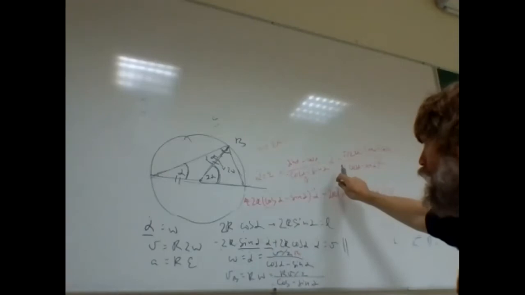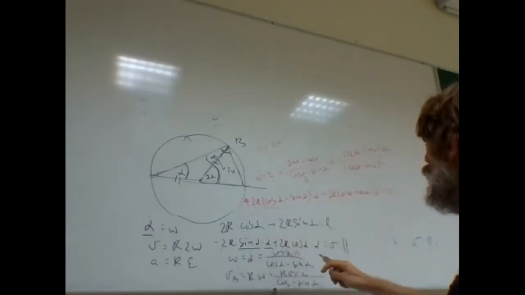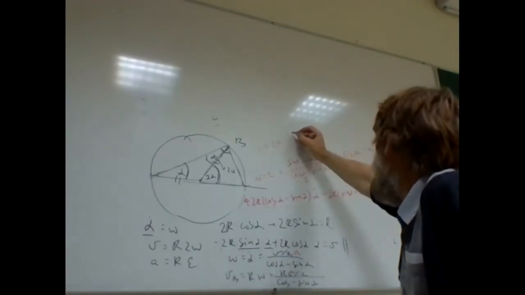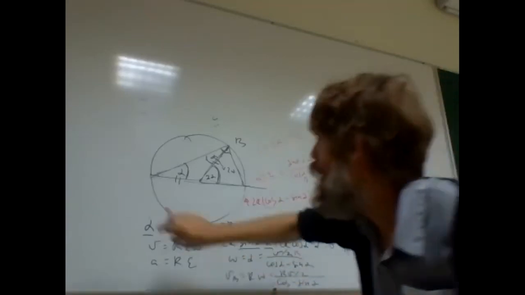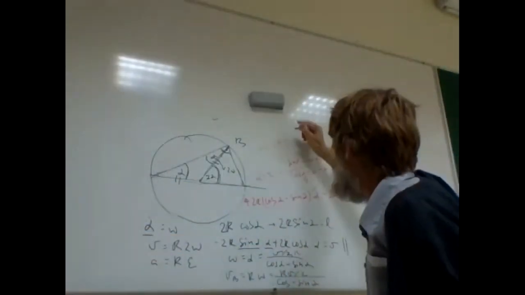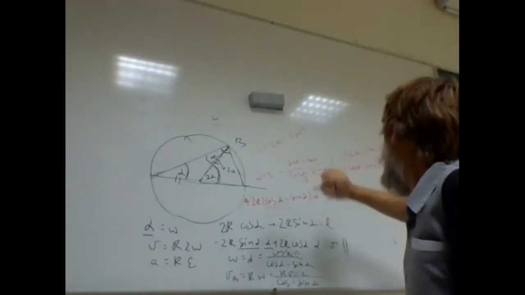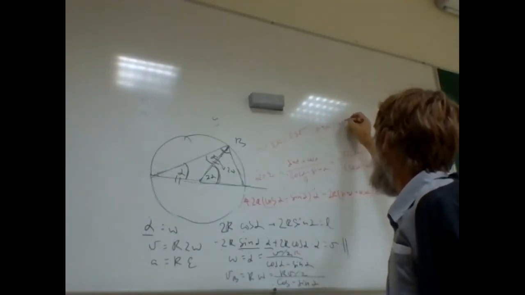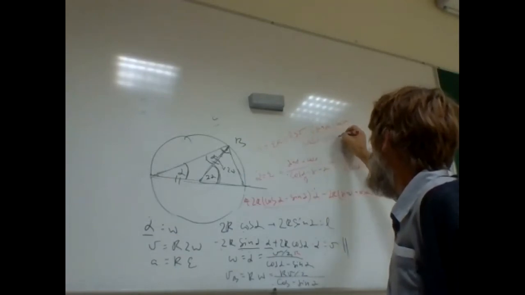Alpha double dot involves alpha dot, and alpha dot is here: v divided by 2. Okay, 0.5 v, 0.5 v, and sine alpha plus cosine alpha divided by cosine alpha minus sine alpha squared.